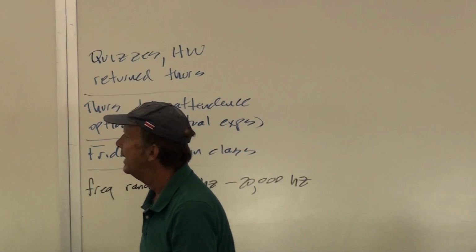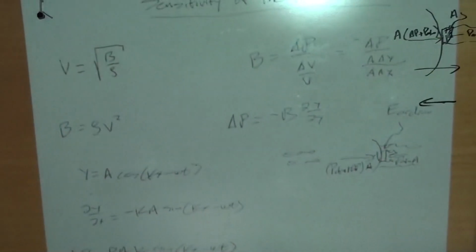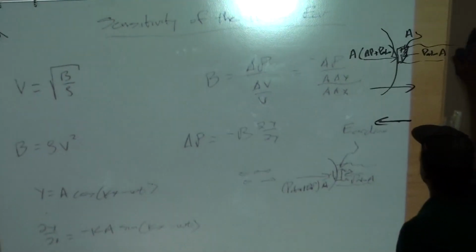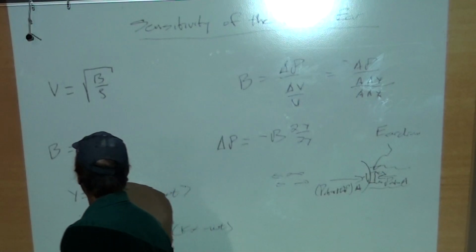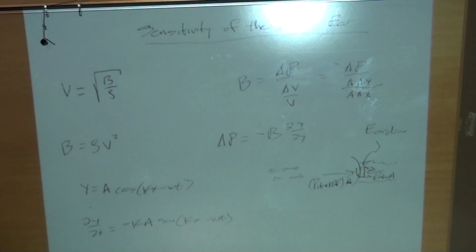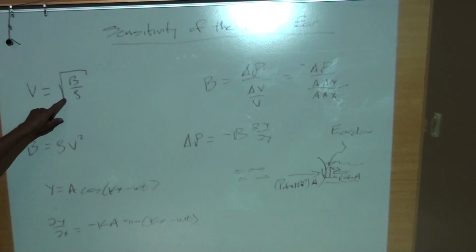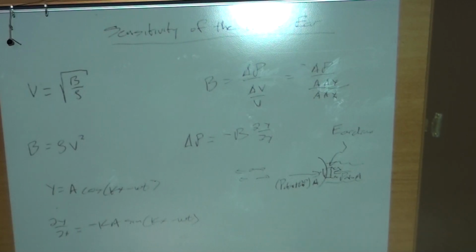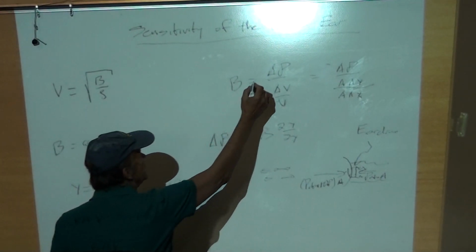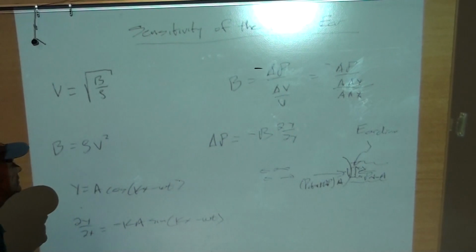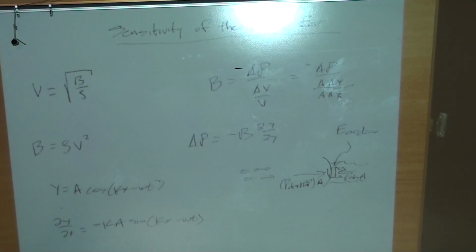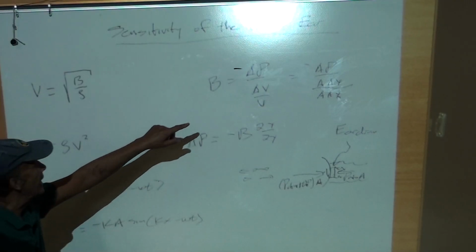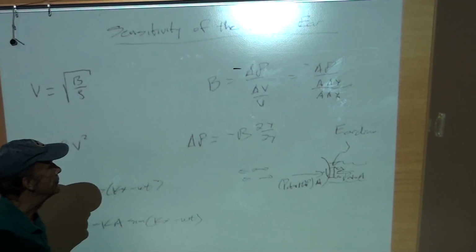What we have seen before is that for sound vibrations in a fluid, we can write that the velocity is the square root of the bulk modulus divided by the area. And we defined the bulk modulus before as minus delta P, which is the difference in pressure that causes this fractional change in the volume.